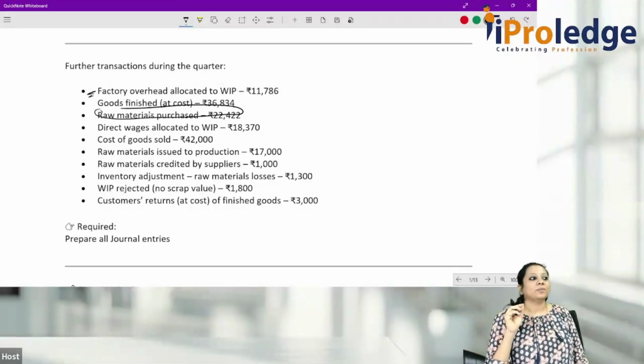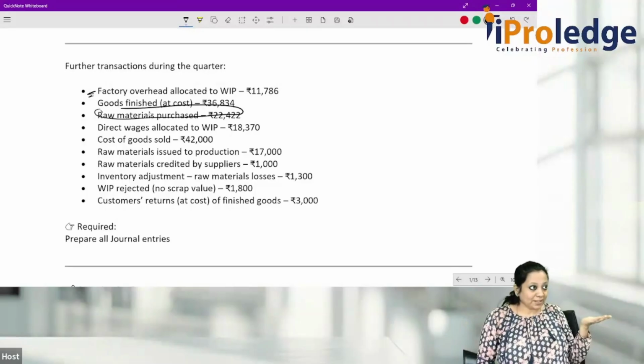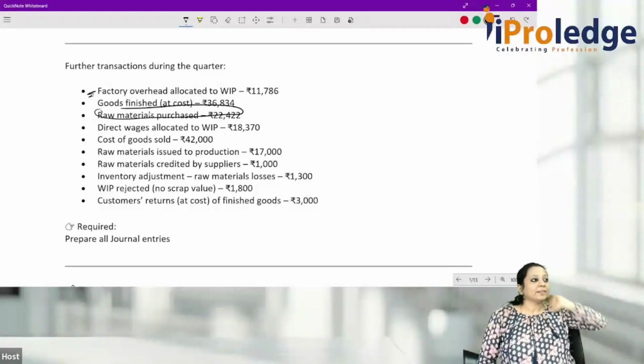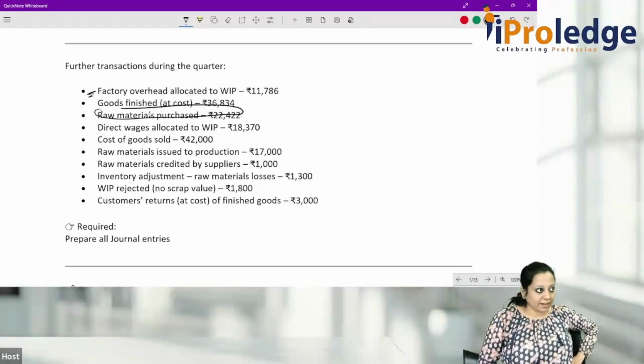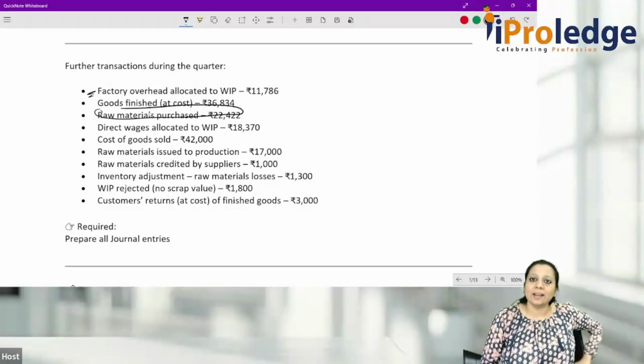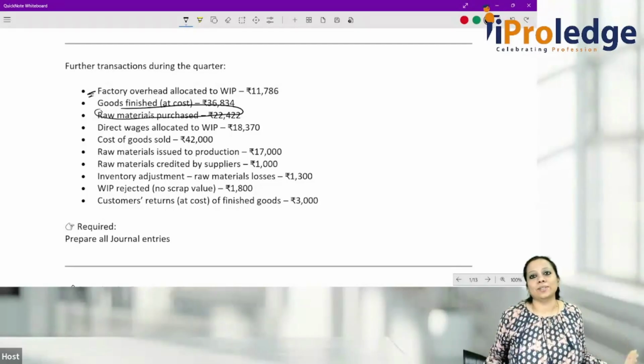So what is the logic that we learned from here? But what is the basis? Debit the receiving department, credit the giving department. Debit the receiving department and credit the giving department. Right, students, everyone? Non-integrated, please follow this.